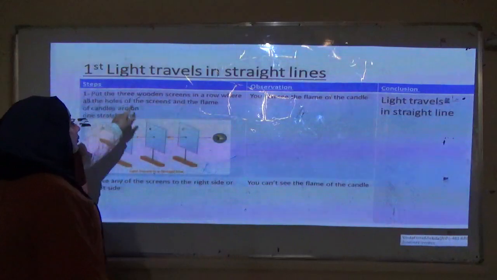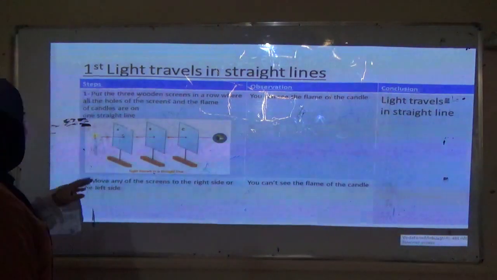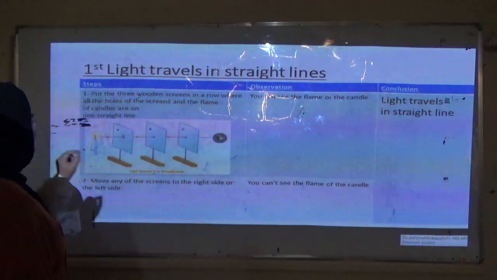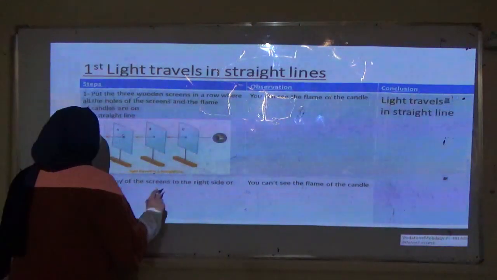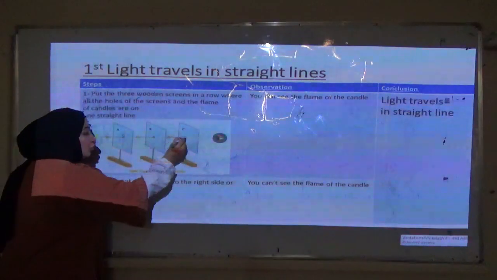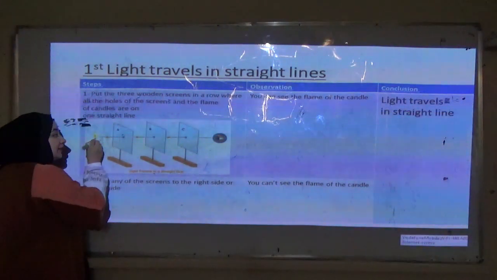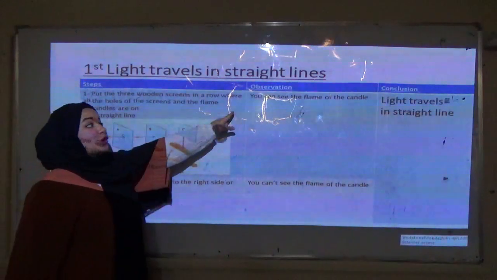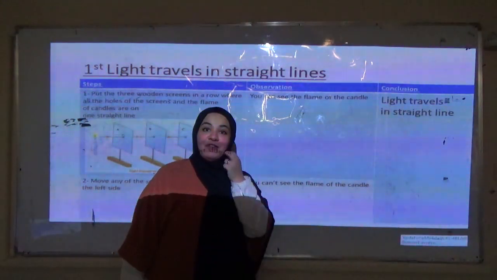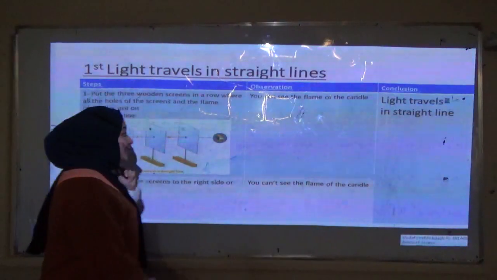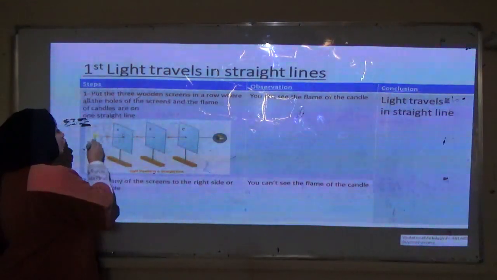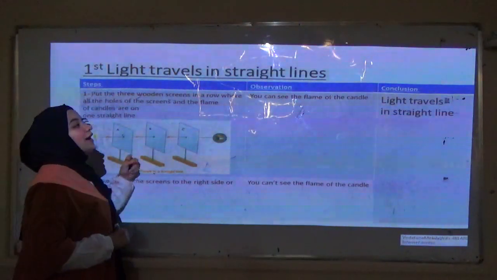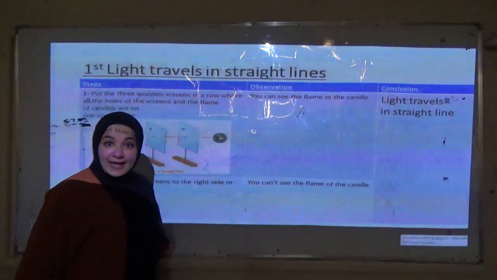So again, I will put 3 wooden screens in a row where all the holes of the screens and the flame of the candle are in one straight line. What I will observe is that I can see the flame of the candle through these 3 holes that are on the same straight line with the candle.